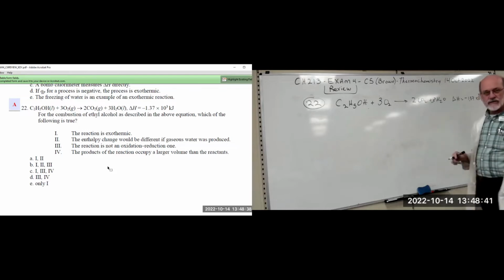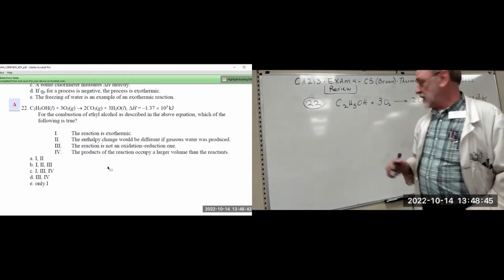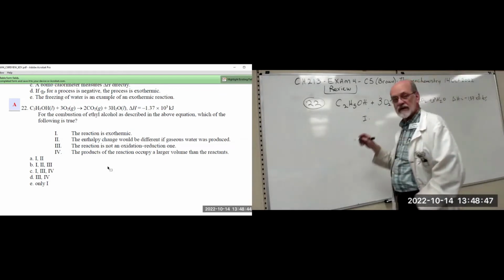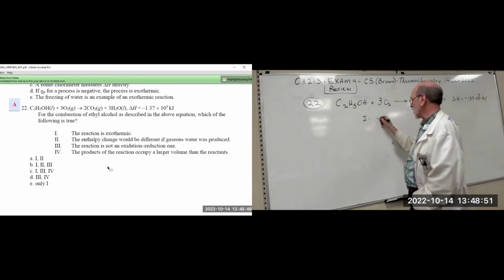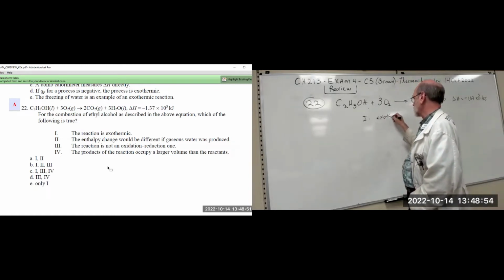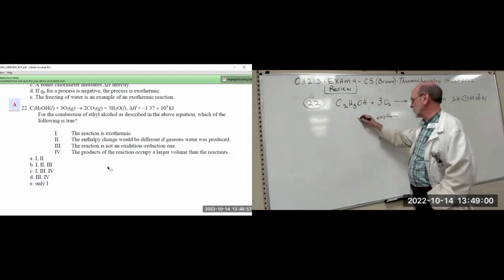Right, so it's a fairly energetic reaction. All right, what about these possibilities? The reaction is exothermic. Is it exothermic? Yeah, right there. That's exothermic.